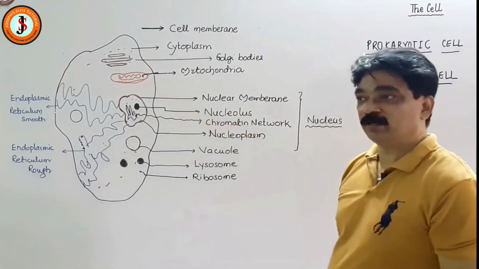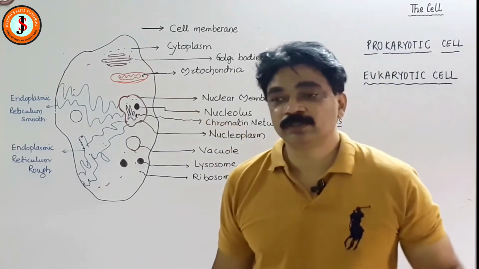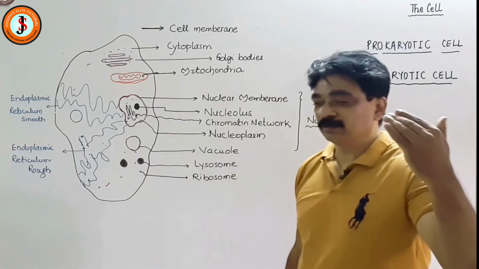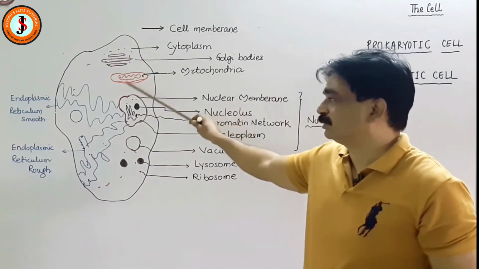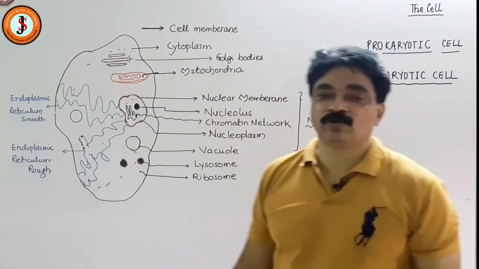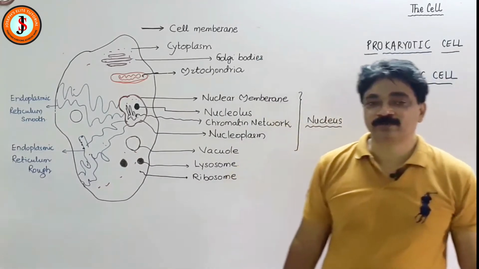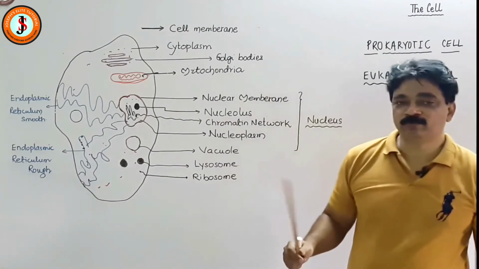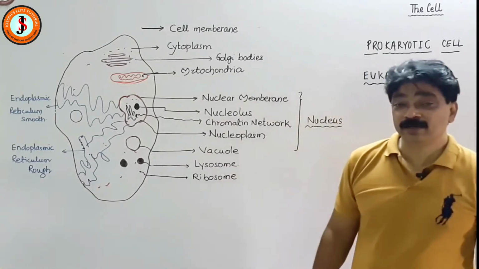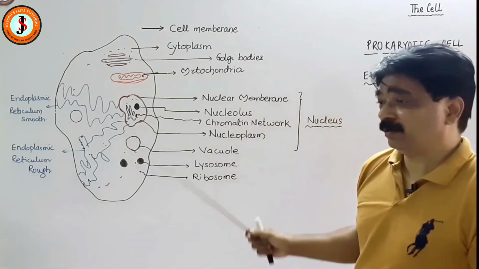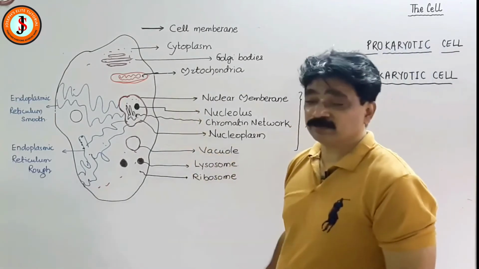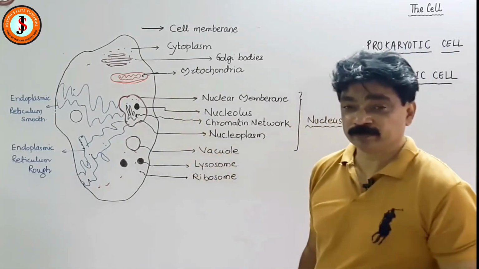Oxygen comes in and goes inside the mitochondria, and there it burns food, and we get energy in terms of ATP molecules.